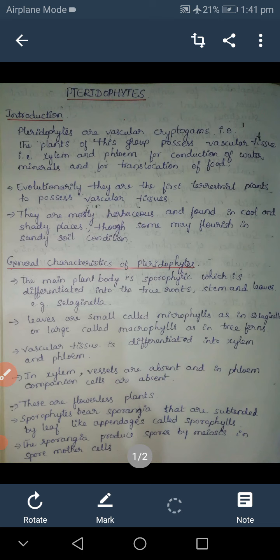The sporangia produce spores by means of meiosis in spore mother cells. Here, the spores are produced by the process called as meiotic cell division.